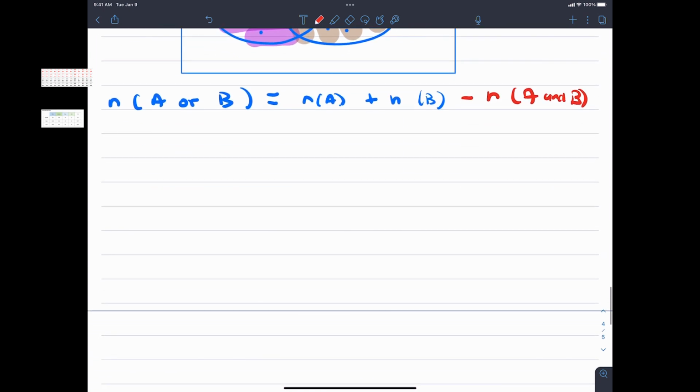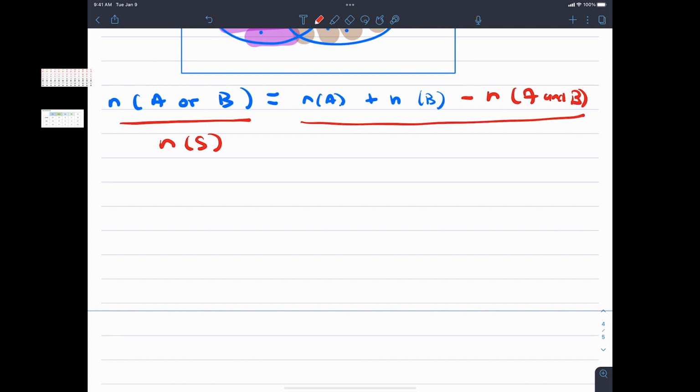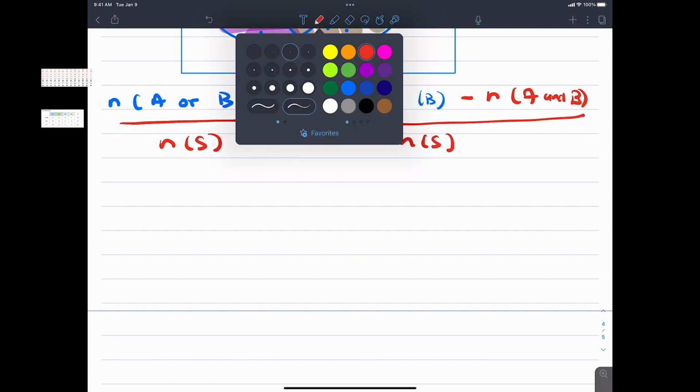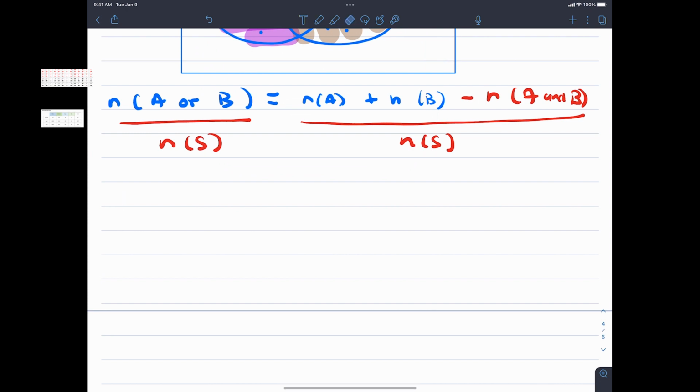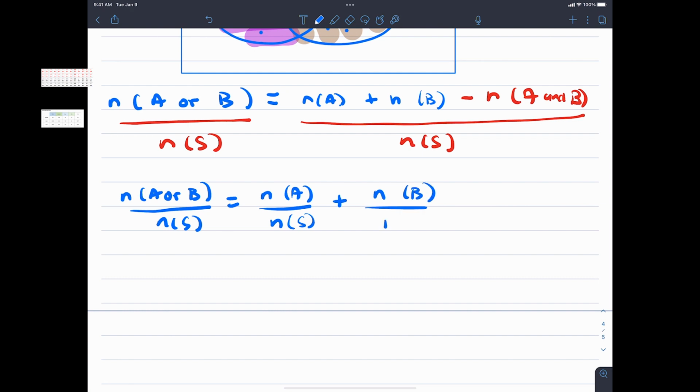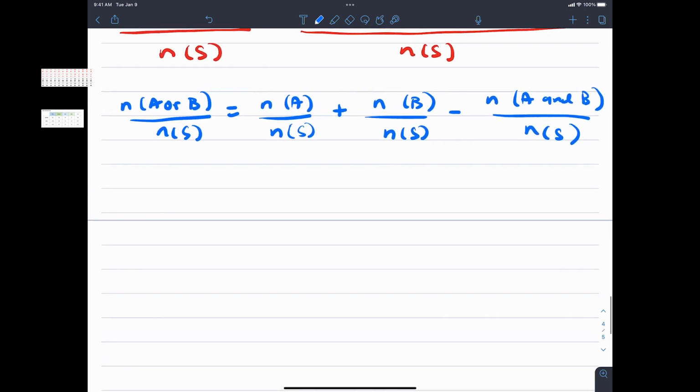Now you divide both sides by what? N of S, because you can do that with equations. And then on the left side, you'll get N of A or B over N of S, and that equals N of A divided by N of S, plus N of B divided by N of S, minus N of A and B divided by N of S. What do you guys see as the definition on the left?